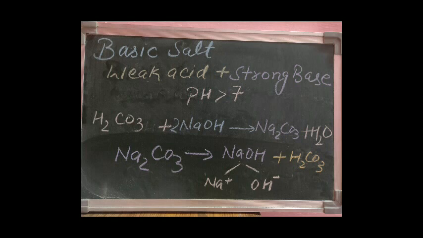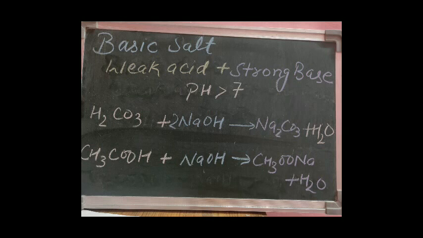As you know, sodium hydroxide is a strong base and it dissociates to form sodium ion and OH negative ions, meaning the hydroxide ion, and the presence of hydroxide ion shows that it is basic in nature. And another example of basic salt is sodium acetate, and it is formed by acetic acid and sodium hydroxide.